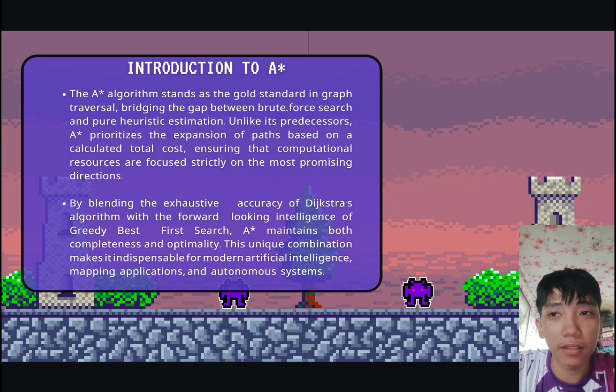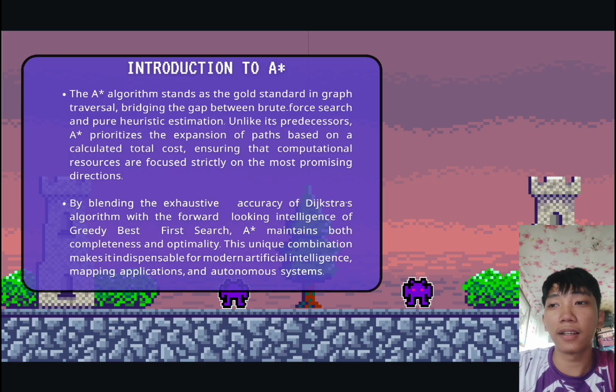Unlike its predecessors, A-star prioritizes the expansion of paths based on a calculated total cost, ensuring that computational resources are focused strictly on the most promising directions.